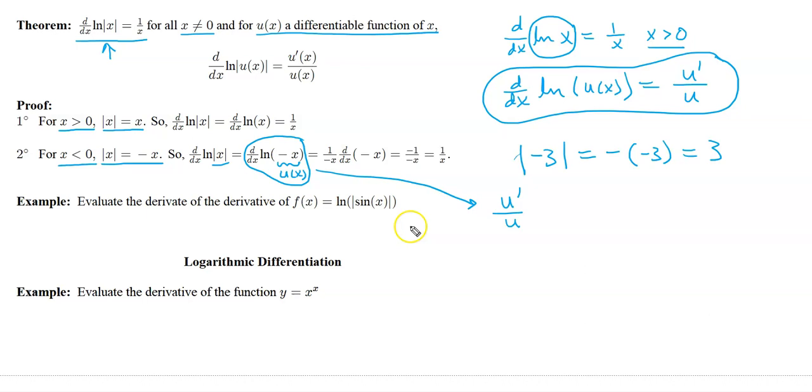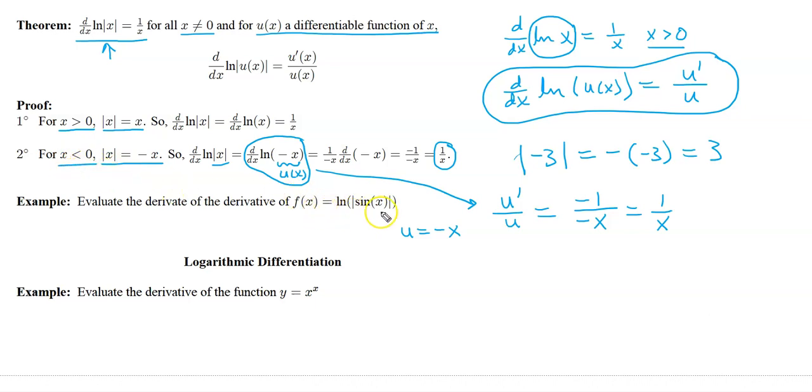And the derivative of negative x with respect to x is negative 1. And u is just negative x. And we get 1 over x, which is what we have written right here. Alright, so that proves it for the case when x is a negative number.